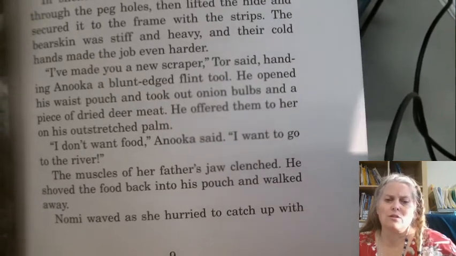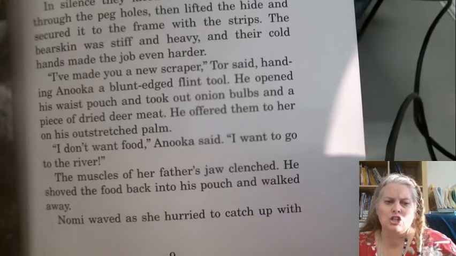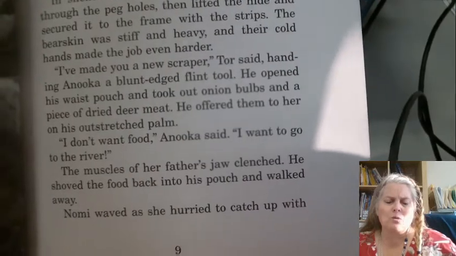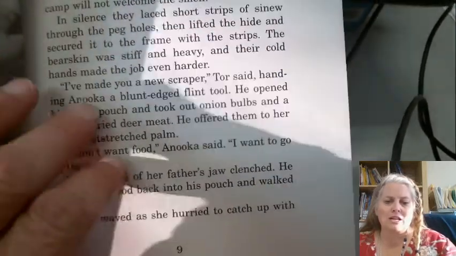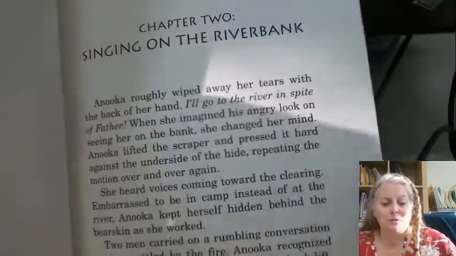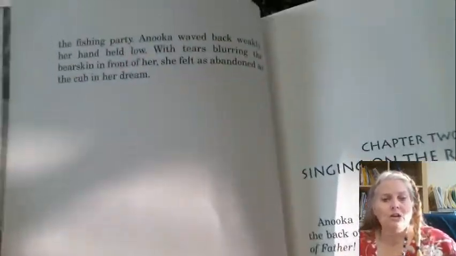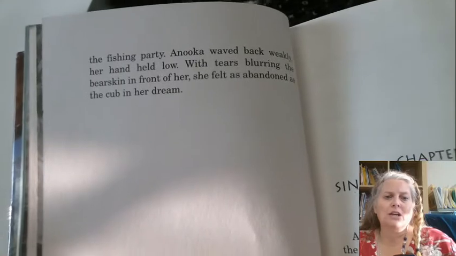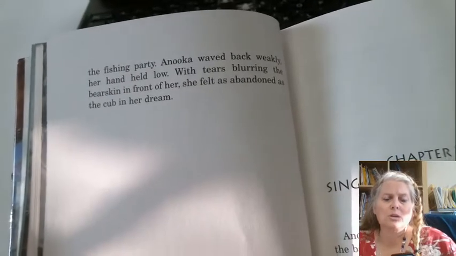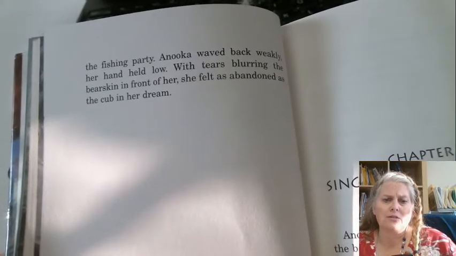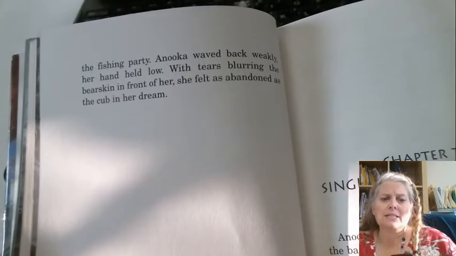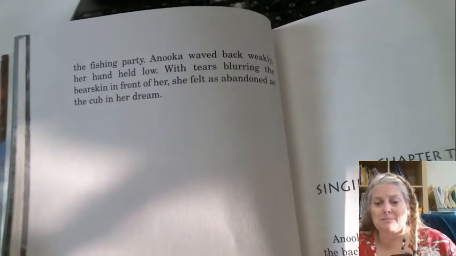The muscles of her father's jaws clenched. He shoved the food back into his pouch and walked away. Nomi waved as she hurried to catch up with the fishing party. Anouka waved back weakly, her hand held low. With tears blurring the bearskin in front of her, she felt as abandoned as the cub in her dreams.